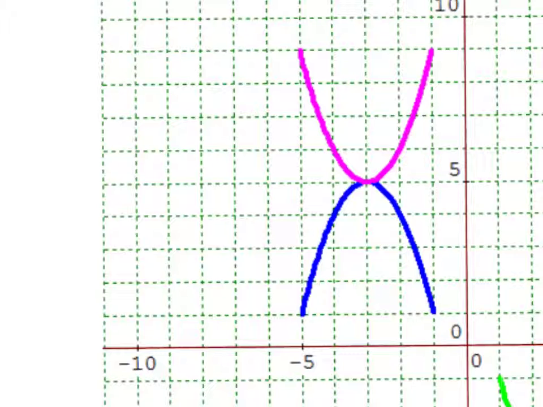I know it's a standard parabola that hasn't been stretched, because if I'm at the vertex, I can move across 1, up 1, across 1, up 3. That means it's a standard parabola that has not been stretched or expanded. It's only been translated. Now I need to work out how far it's been translated.